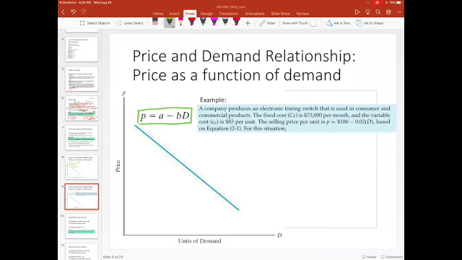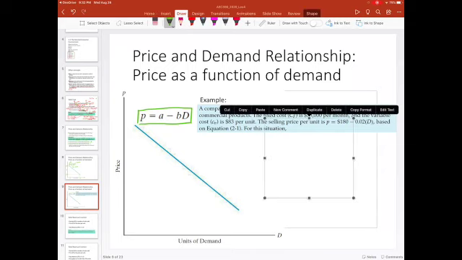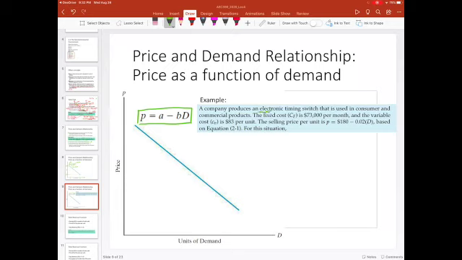It says a company produces an electronic timing switch that is used in consumer and commercial products. So they are producing an electronic timing switch. That's the product. And the fixed cost, CF, is $73,000 per month. That's one variable. And the variable cost, C lowercase v.